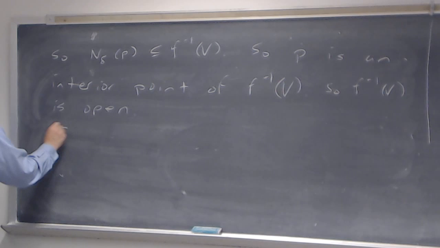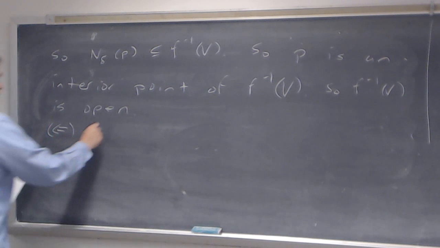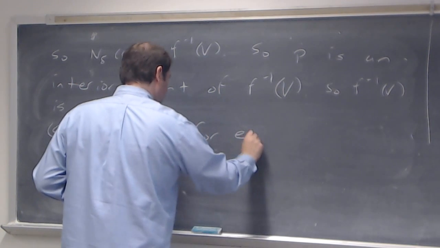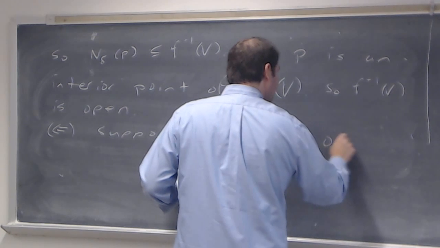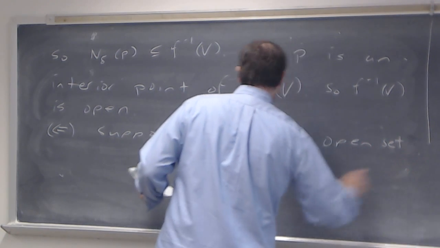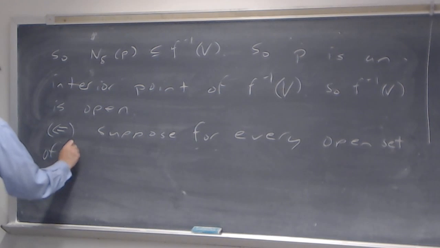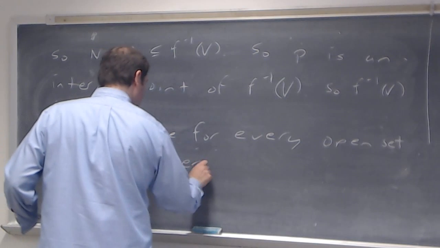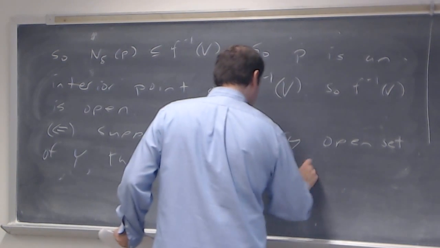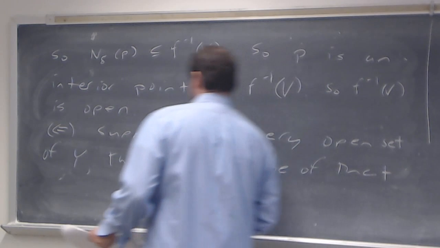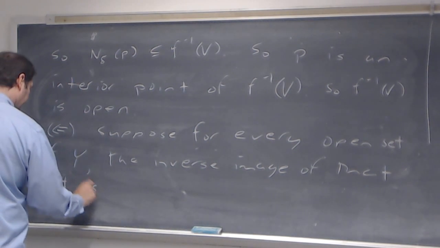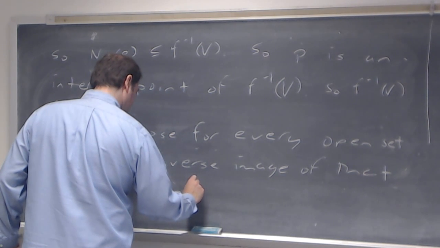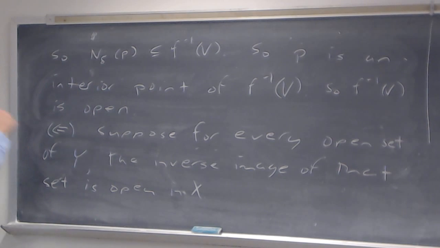Now, going in the other direction, we want to suppose that for every open set of Y, the inverse image of that set is open in X. Okay?